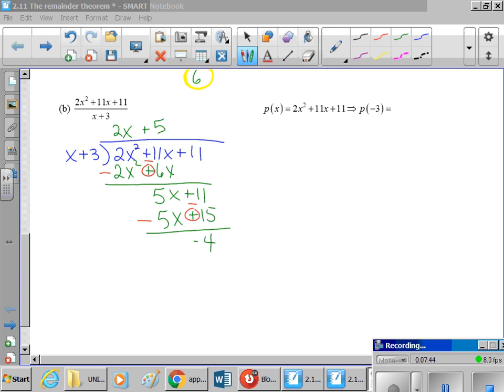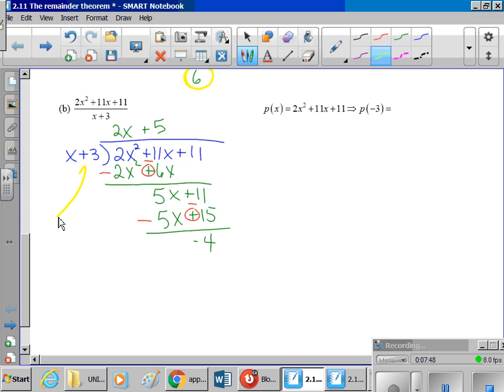So now we're just going to check. Remember, if it says x plus 3 over here, that's our factor. Our root is negative 3. And that's why over here we're going to evaluate p of negative 3. So it is 2 times negative 3 squared plus 11 times negative 3 plus 11.